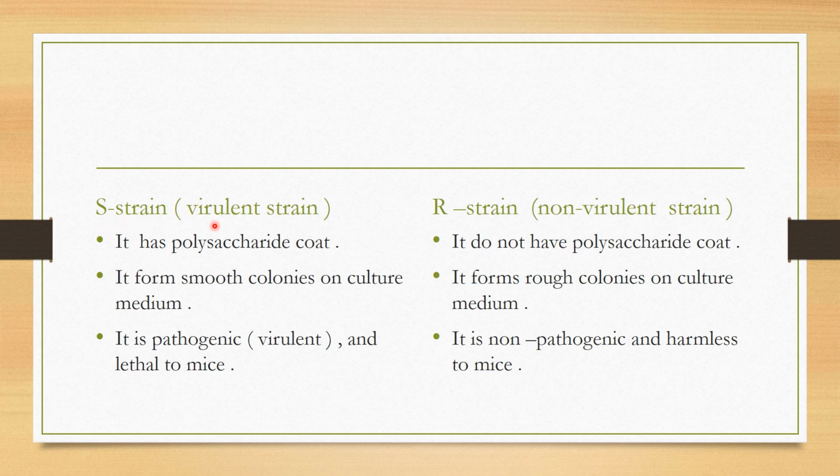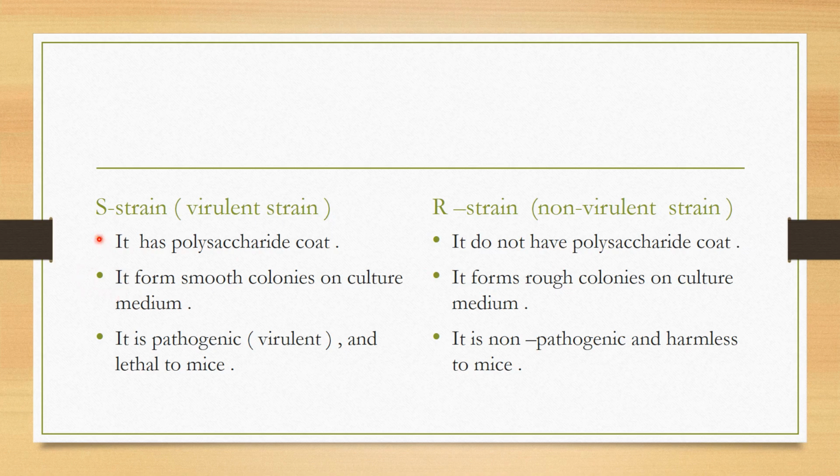The first is the virulent strain or S strain, and the second is the R strain or non-virulent strain. The word virulent means disease causing. What are the differences between these two strains? The S strain has a polysaccharide coat, while the R strain does not have any polysaccharide coat.